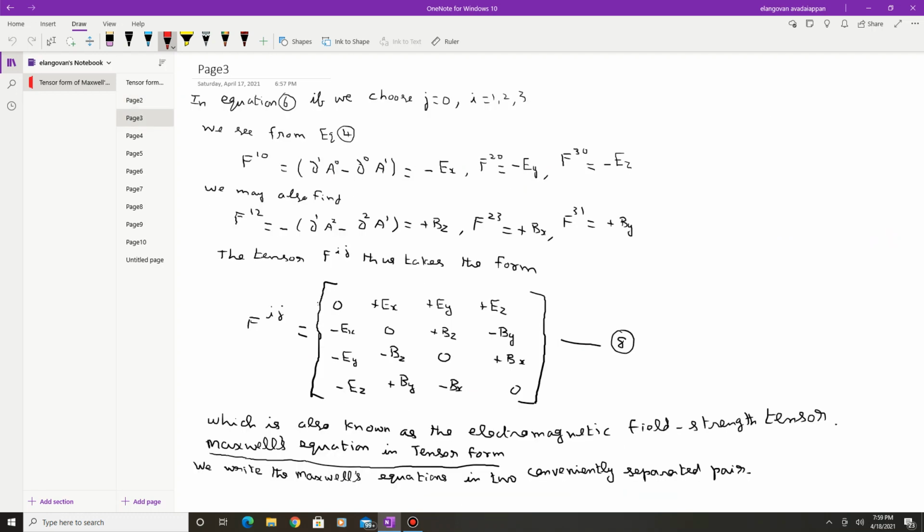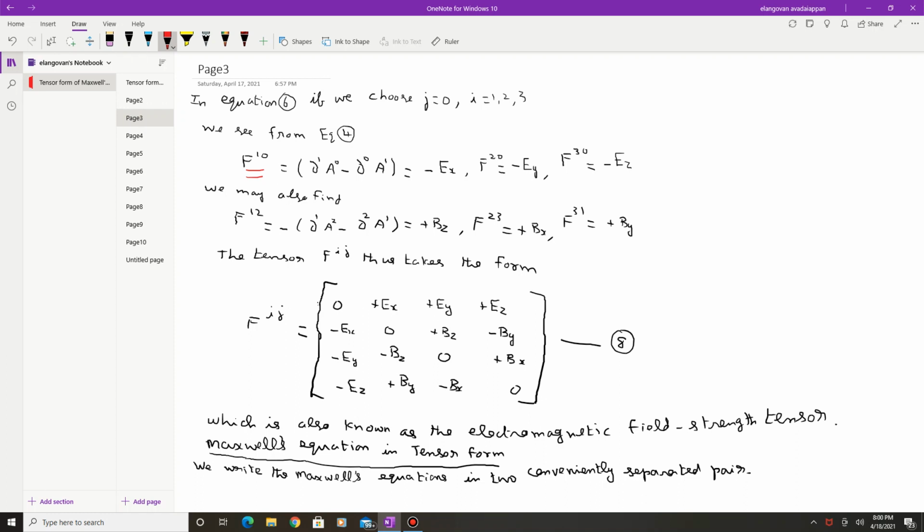Now in equation 6, if we choose j is equal to 0, and if you put i is equal to 1, 2, 3, then from equation 4 we get F10. From the definition that we have discussed in equation 6, this is partial d1 A0 minus partial d0 A1, and this is equal to minus Ex.